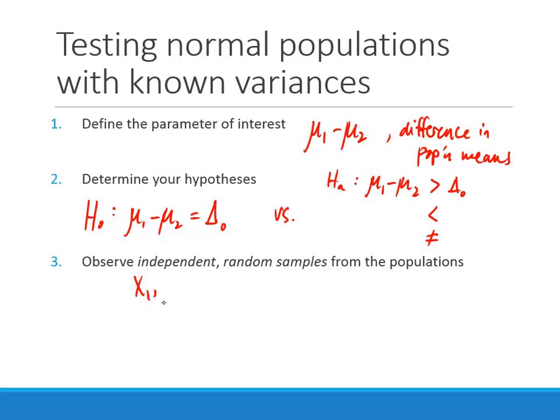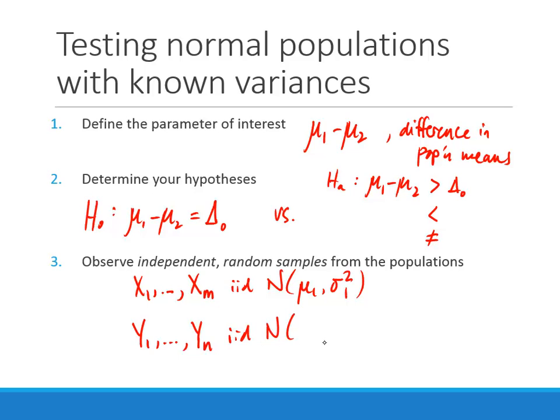I'll observe x1 up to xm that are IID normal mu1, sigma 1 squared, and I'll observe a random sample of y's, y1 to yn, from the second population. I'm saying that sigma 1 squared and sigma 2 squared are known for now. Again, that's unrealistic, and we'll come back to that assumption later. So I have normal populations where I know the variance. It's a motivating example here.